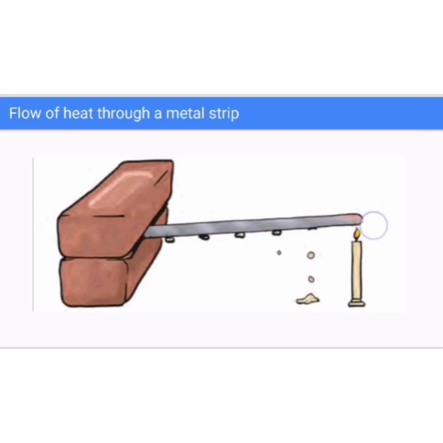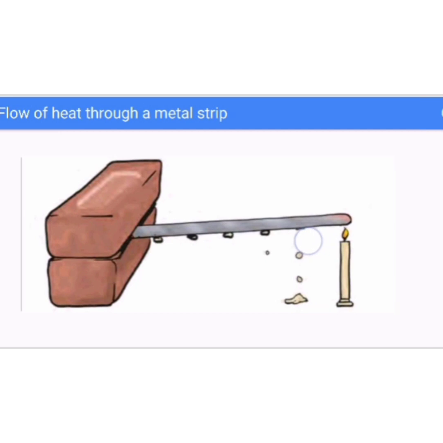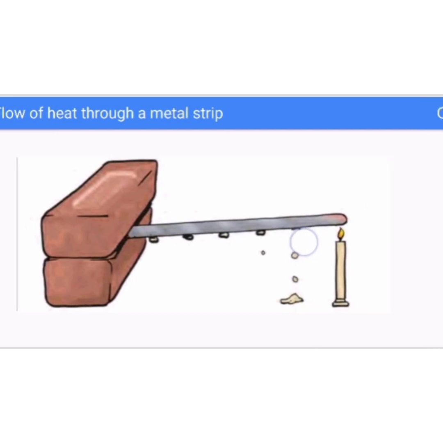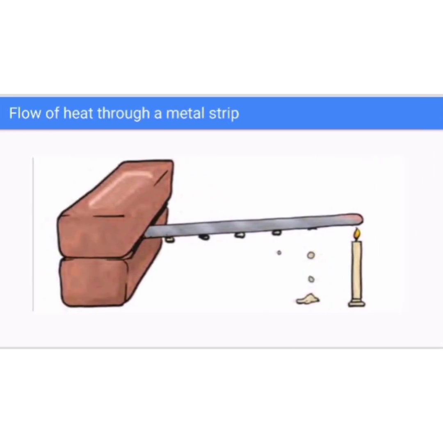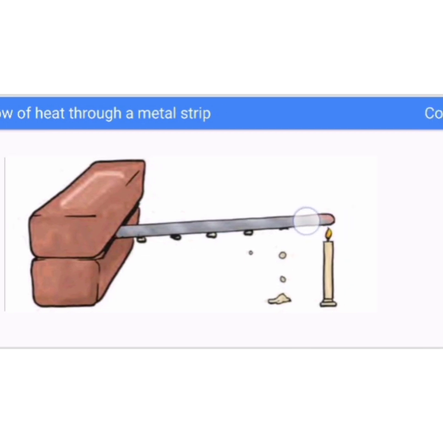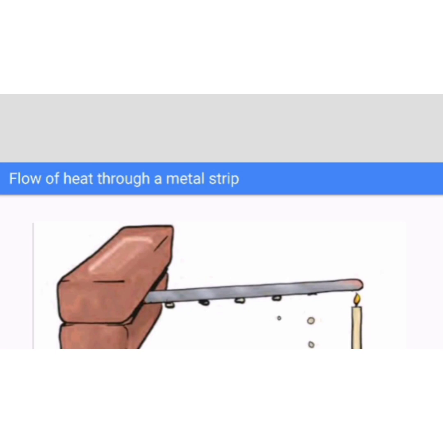Do these pieces begin to fall? Yes, the pieces start to fall down, right? Do you think that heat is transferred from the end nearest to the flame to the other end?